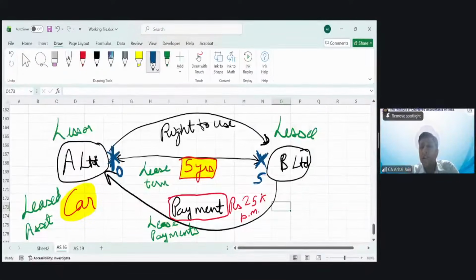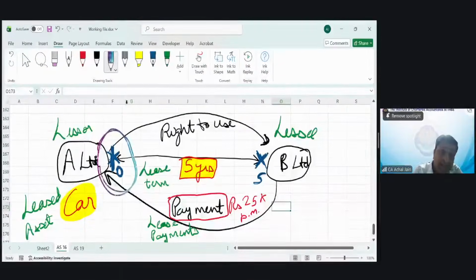When they are starting, they will have to get into the details of what this lease is, whether it's a lease or not, how you account for it. I'm not saying on day zero you will do the accounting. No, that's not my point. But the assessment that we will do in most of the cases is at the inception of the lease. Inception means when you start the lease.